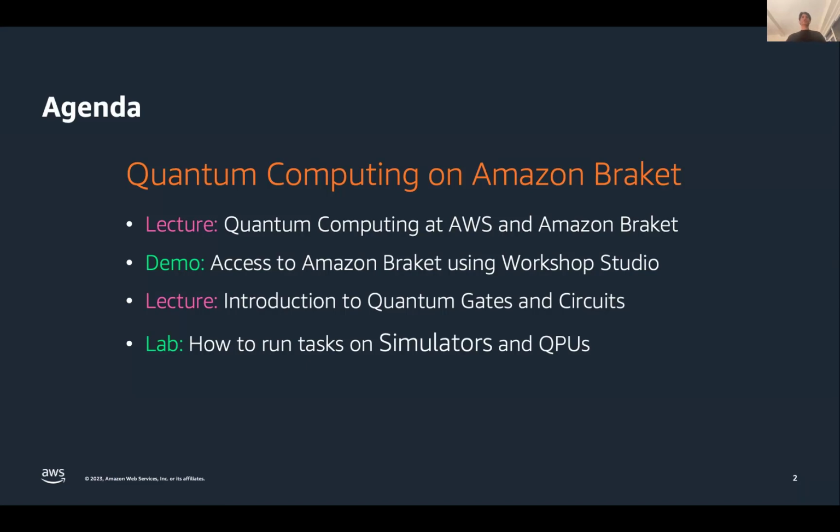I'm going to assume practically no quantum computing background from the audience. So some of the advanced audience might find it a little bit repetitive, but at the end, I hope you'll get something out of it when I show you how to run tasks on simulators and QPUs. In the middle, of course, if you have any questions, feel free to ask.